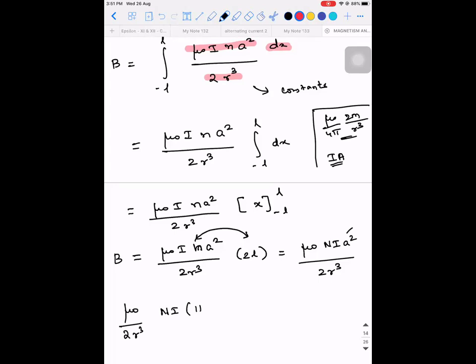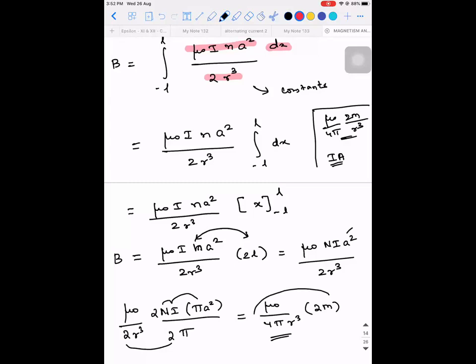So I will multiply it with pi and divide it with pi, and I will multiply the numerator with 2 and the denominator with 2. When I do this, I get mu naught divided by 2 into 2, which is 4 pi r cubed, into 2 times, what is this, n I into pi a squared? M, the magnetic dipole moment. Did we get that expression? So mu naught into 2m divided by 4 pi r cubed is the required expression.